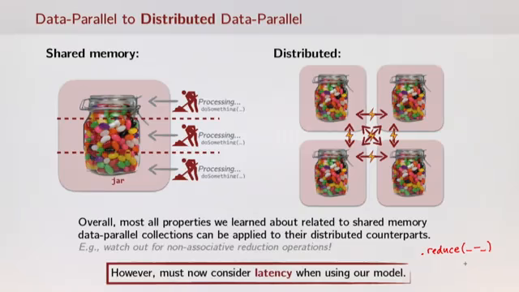So the same key takeaways that we got from the shared memory data parallelism part of the parallel programming course, we can apply a lot of that to the distributed data parallelism in Spark. However, the one thing that we have to really think about carefully when we're using Spark's programming model is latency, and we'll see that more in subsequent lectures.